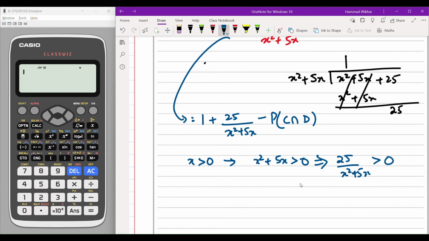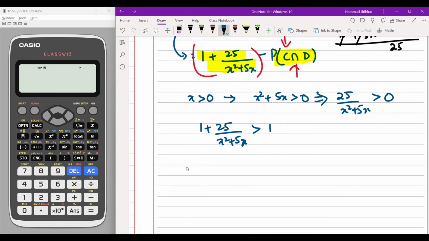Okay, so therefore when we add this with 25 over x squared plus 5x, this would be greater than 1 at least. Okay, so probability of only this part is exceeding 1. So obviously we will have to bring it down to either less than or equal to 1 through this thing over here. Otherwise it's going out of bounds, impossibility. So without this it cannot be possible.